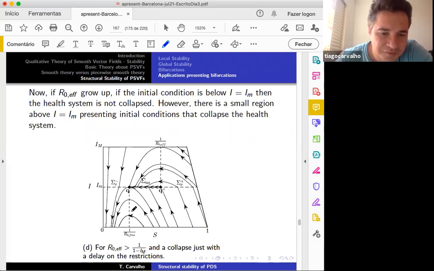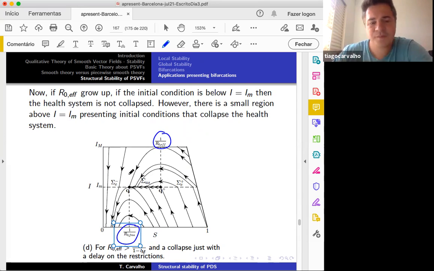Another case, if this number is smaller and this one also is smaller, the situation is this.